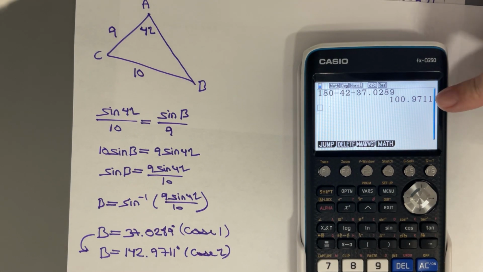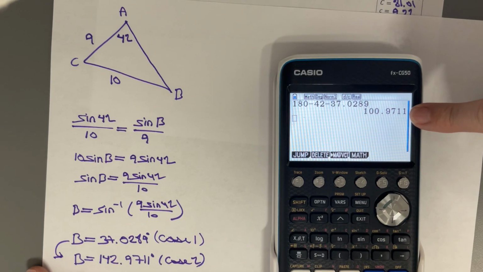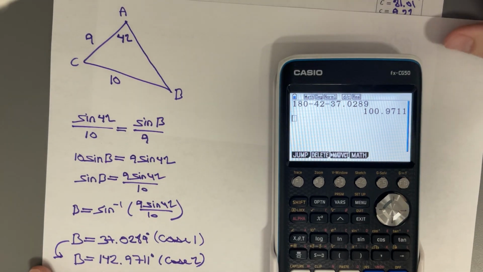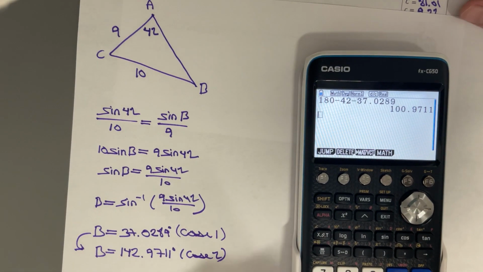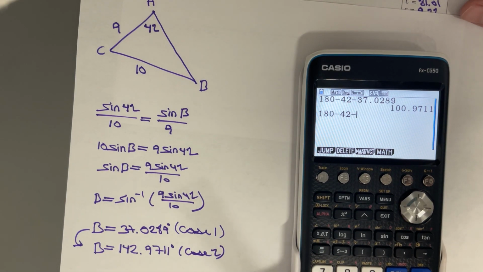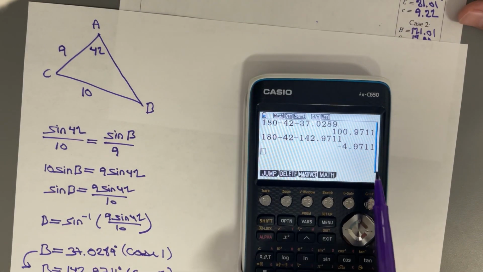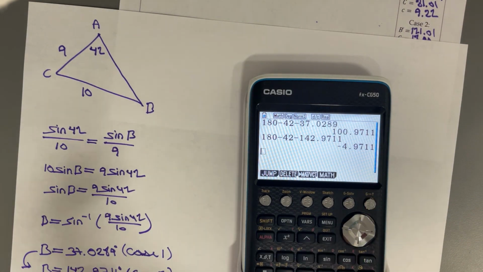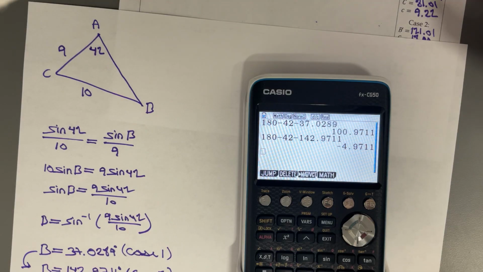So in case 1, that other angle would be about 101 degrees. Now let's check case 2. So 180 degrees minus the given angle of 42, and then minus the 142.9711. So notice how that's going to give you a negative angle. So that means the third angle can't exist.